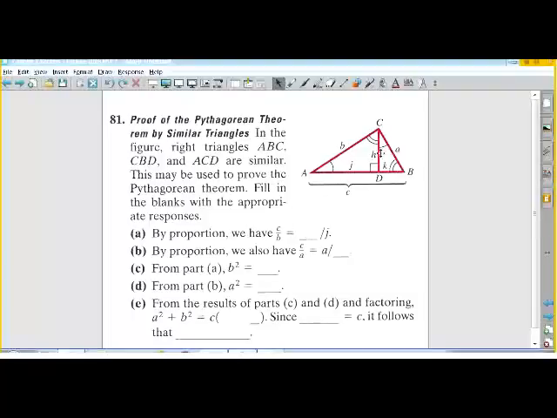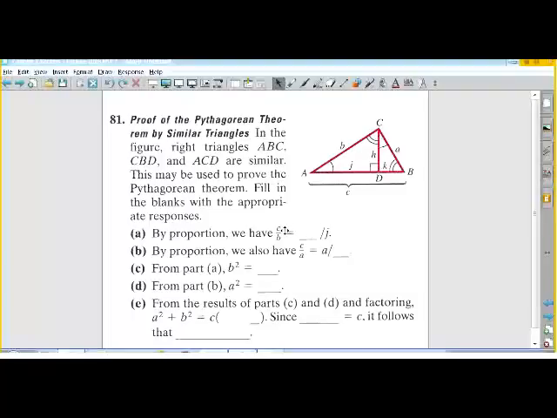So it says by proportion we have that length C, which is the hypotenuse of the biggest triangle, to B, which is the longer of the two legs, is equal to something divided by J. So J is this length. Because we're comparing B with J, here this is the longer leg of the triangle.